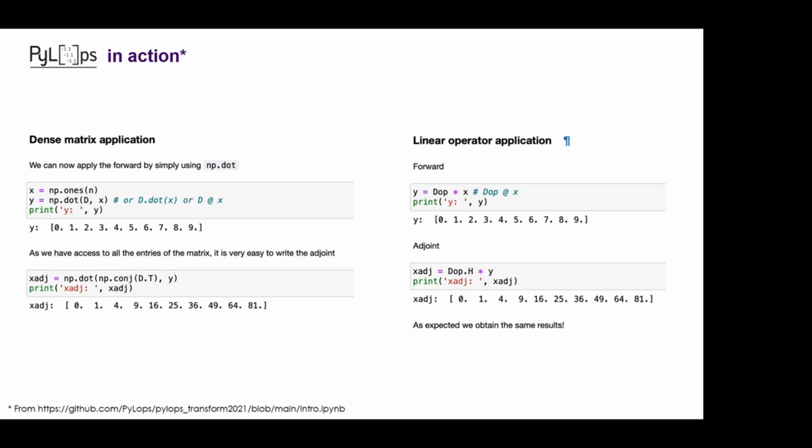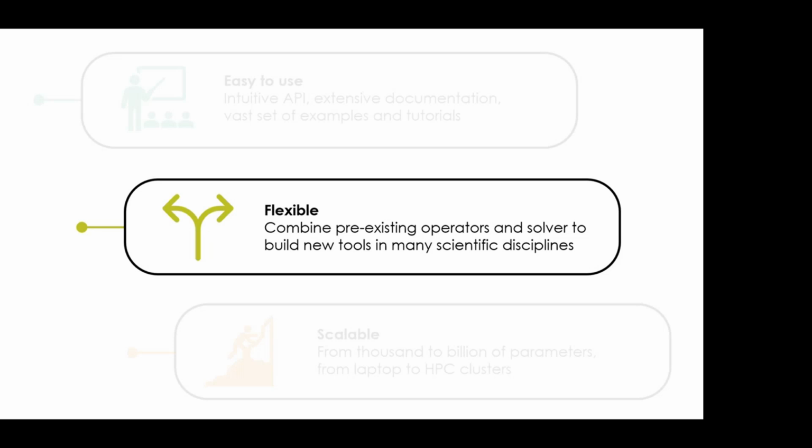All of these, you can write as matrices if you wanted, but it's too expensive to create and apply them, or you can write them with this paradigm of matrix-free optimization. With this, you can start building all sorts of flexible applications after you have created a suite of operators that do simpler things, a bit more complex things, and a bit more specialized things.